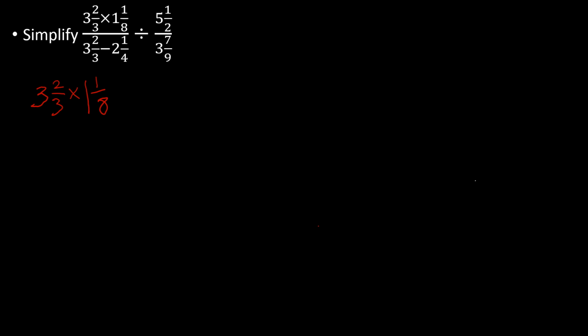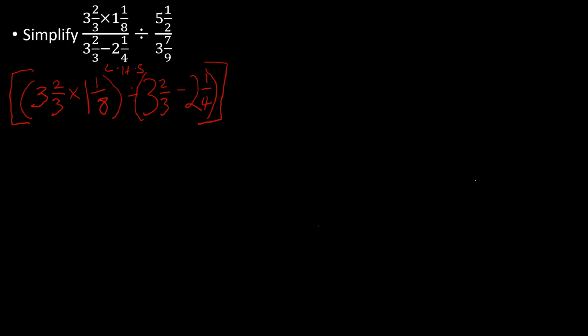And we're going to say this as a whole is being divided by 3 whole number 2 over 3 minus 2 whole number 1 over 4. Now we're going to enclose all of that in a bracket, and this is the left hand side of our expression.